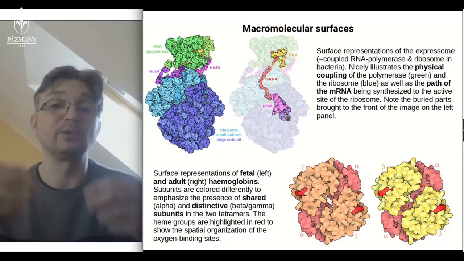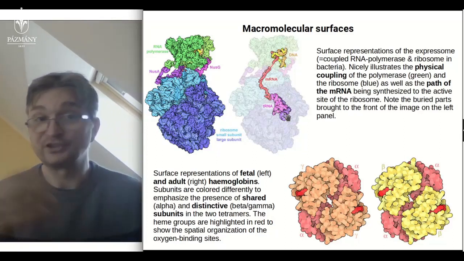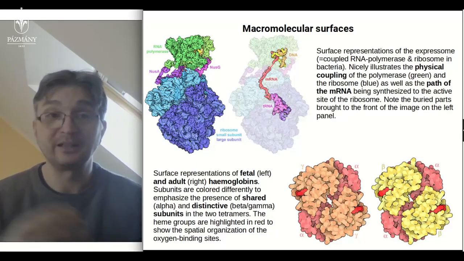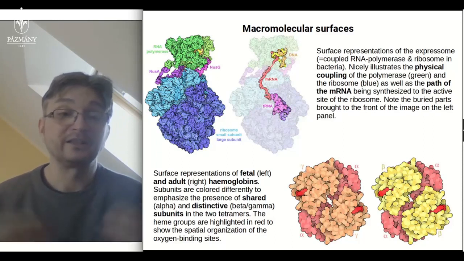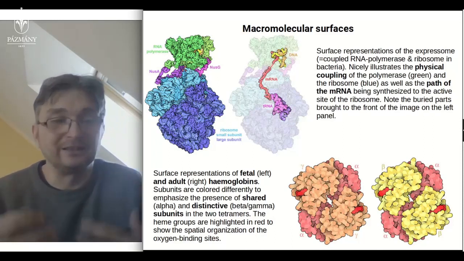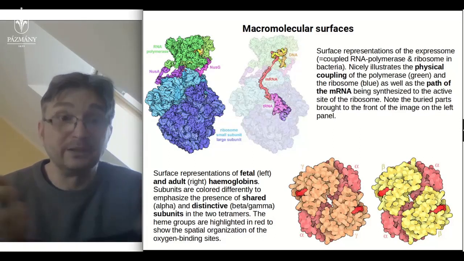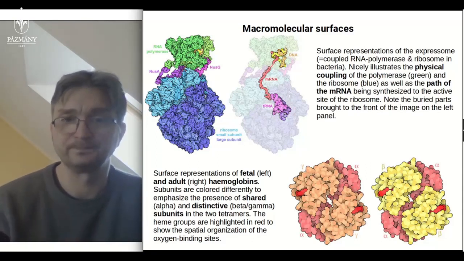So this helps you understand how the transcription and translation in bacteria are mechanistically coupled. They are not only occurring close to each other, they are occurring in a spatially coupled way, because there is direct contact between the RNA polymerase and the ribosome.